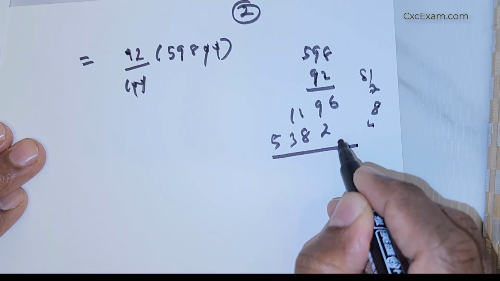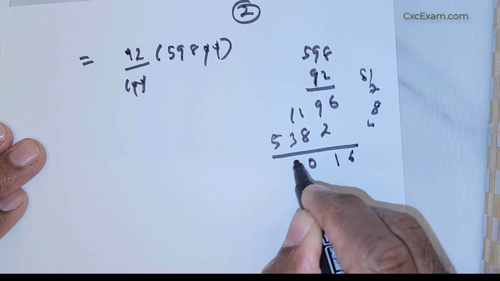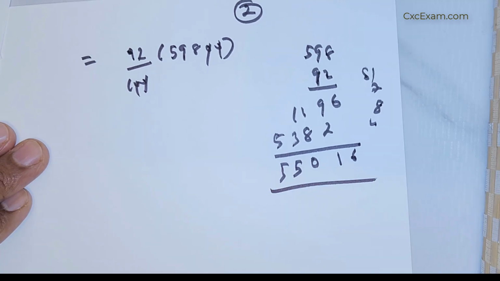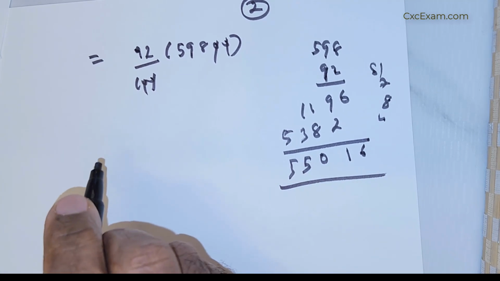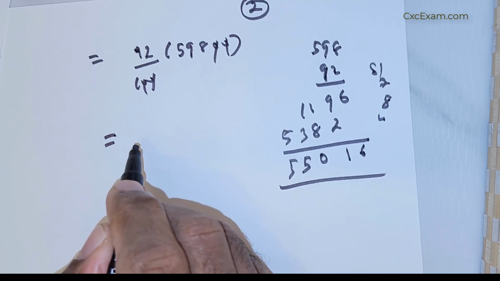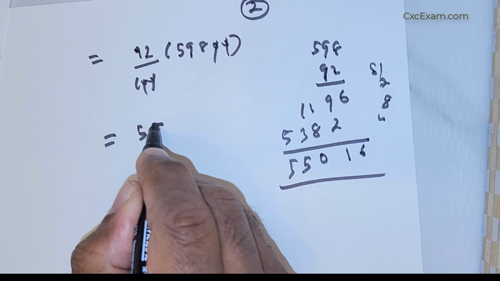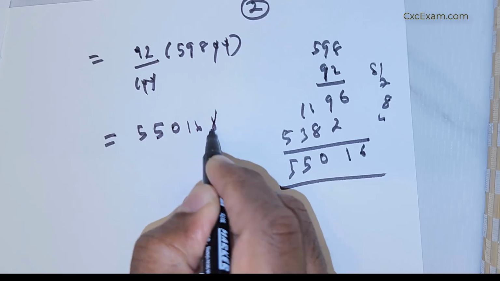So 53 goes over here, so it's going to be 6 11 10 1 and 5. So you have this as the value of the car. So what is that going to be? It's going to be $55,016.